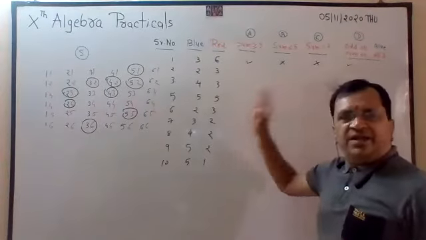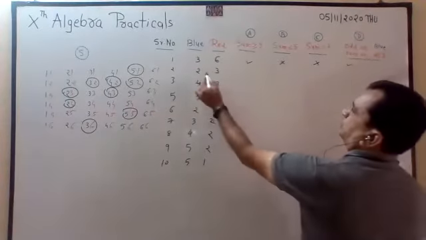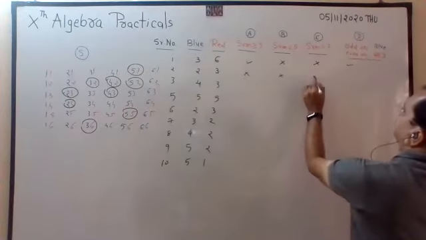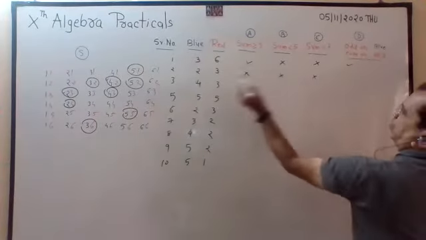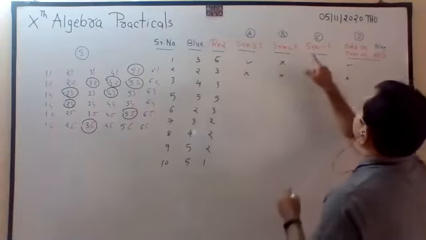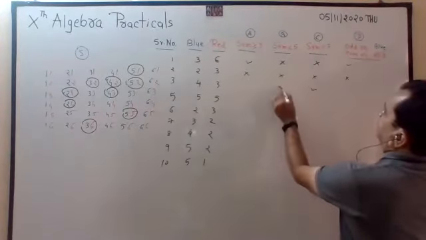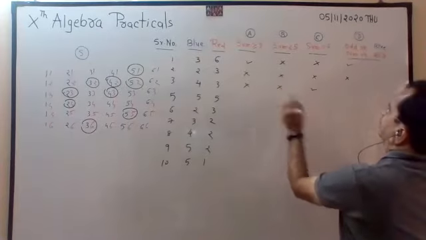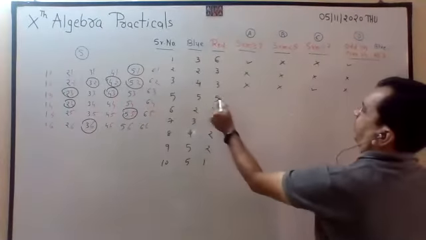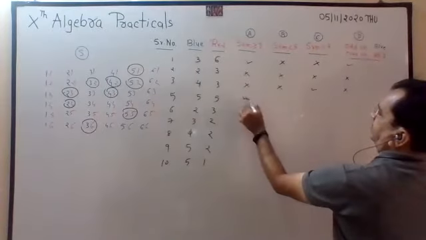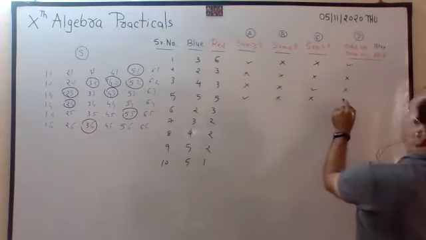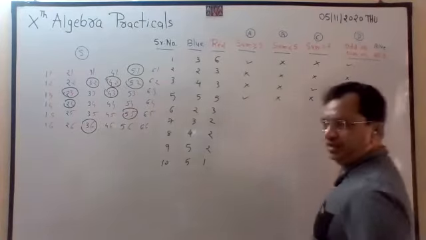Try to write the answer, yes or no. 2 plus 3 is 5, so less than 5, no. Odd and even, no. 4 plus 3 is exactly 7. Not less, not greater. Even on odd, no. 5 plus 5 is 10. Not less than 5, not equal to 7. Odd and even, no, both are odd.